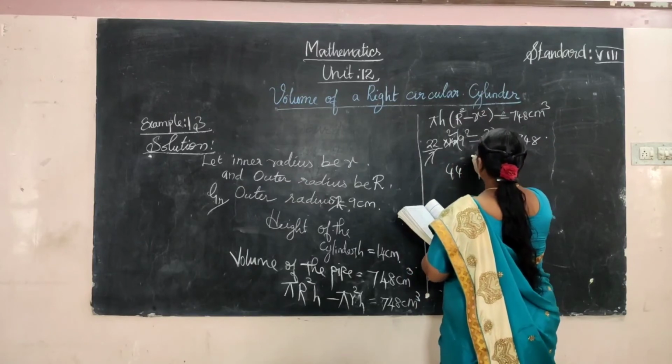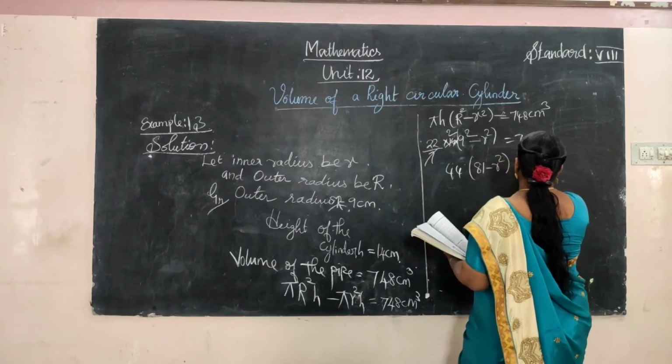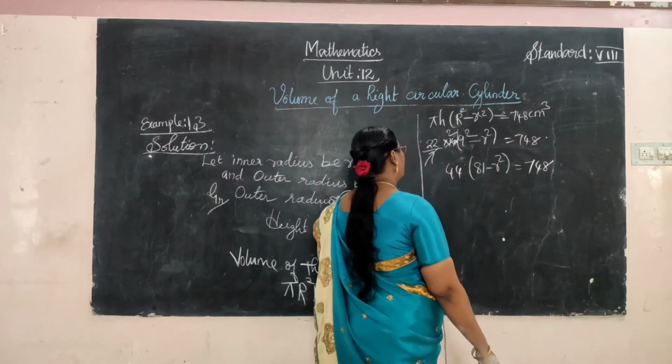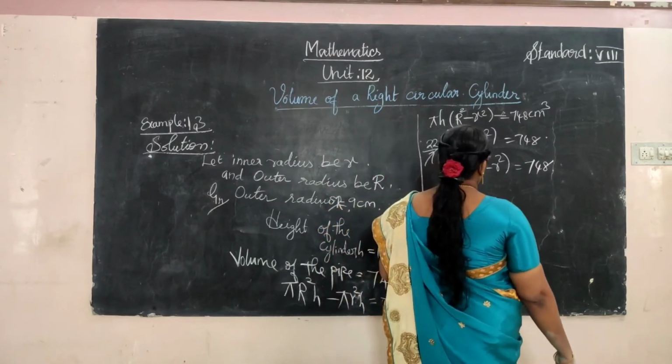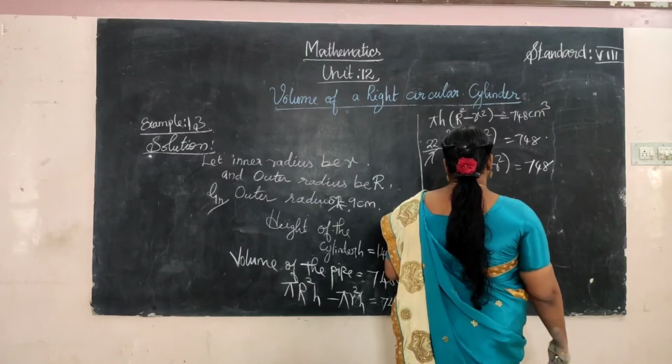Okay, 44, here 9 squared is 81 minus r squared is equal to 748.